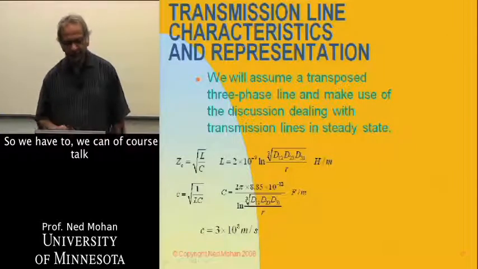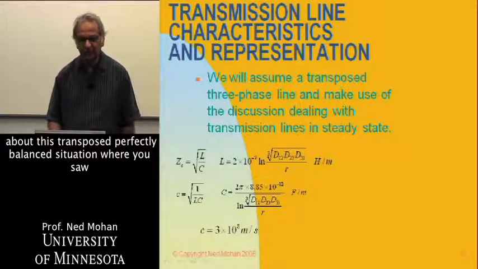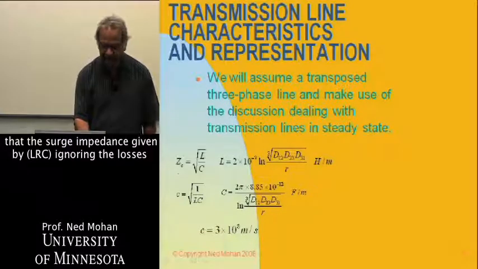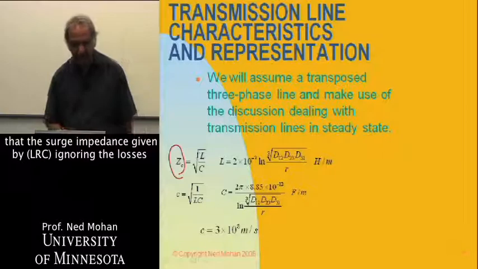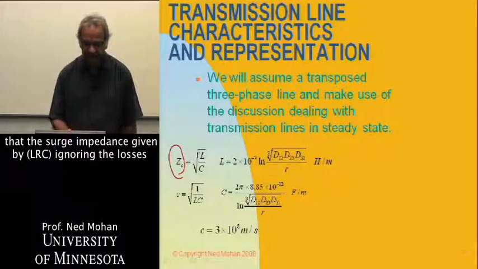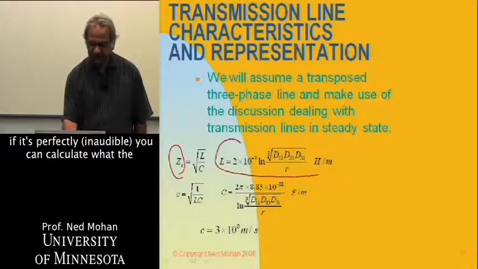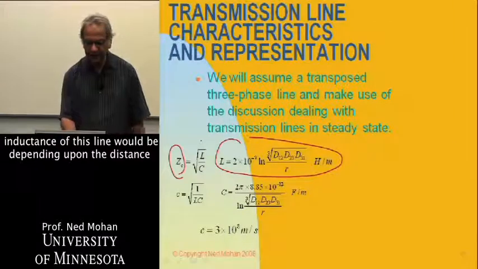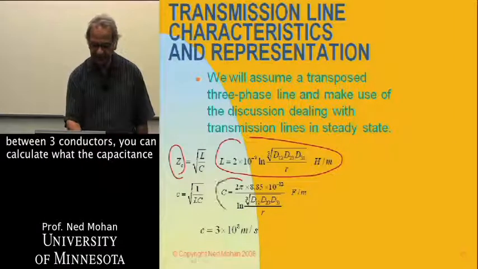We can of course talk about this perfectly transposed, balanced situation where we saw that the surge impedance is given by square root of L over C, ignoring the losses. If it's perfectly transposed, you can calculate what the inductance of this line would be depending upon the distance between the 3 conductors.